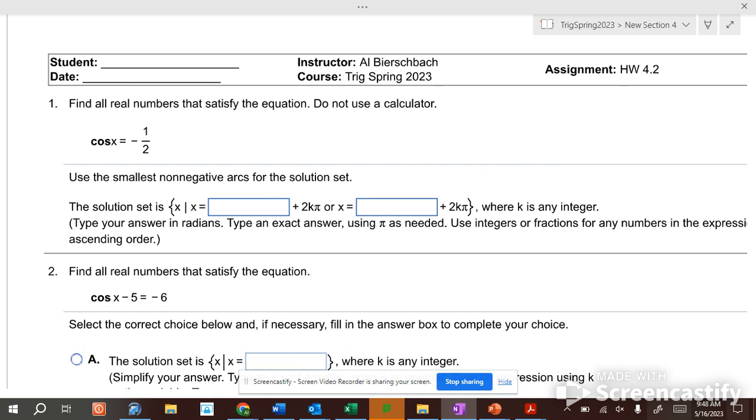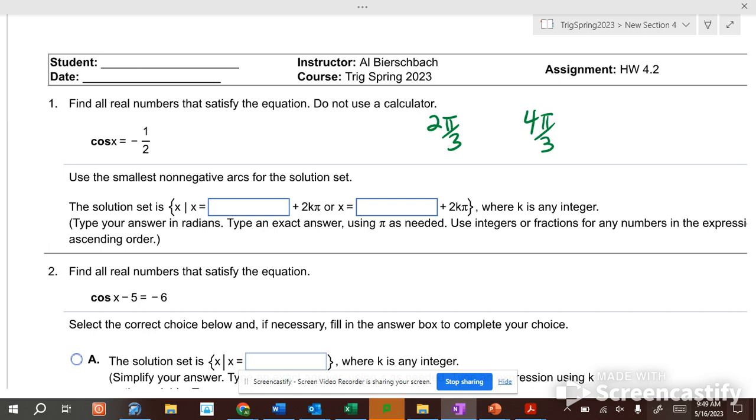That stems back from our last assignment. Where on the unit circle is cosine of x equal to negative 1/2? And you look, and you find in quadrant number 2, it's negative 1/2 at 2 pi over 3, right? And then where else on the unit circle in quadrant 3 is cosine equal to negative 1/2? 4 pi over 3.